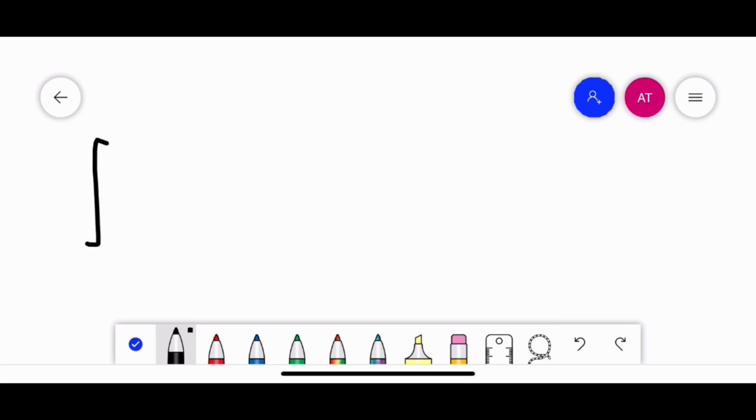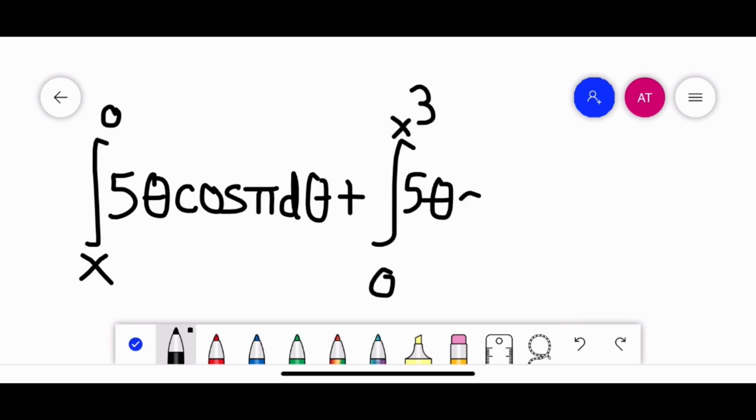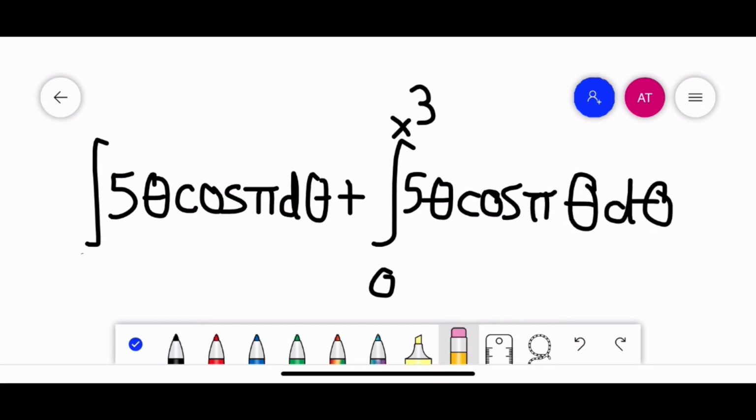So we can write the integral going from any constant, I chose 0, to x, 5 theta cosine pi theta d theta, plus going from x cubed to that same constant of 5 theta cosine pi theta d theta. We can switch the first integral so that it goes from x to 0, but in order to do that we have to add the negative sign before it.